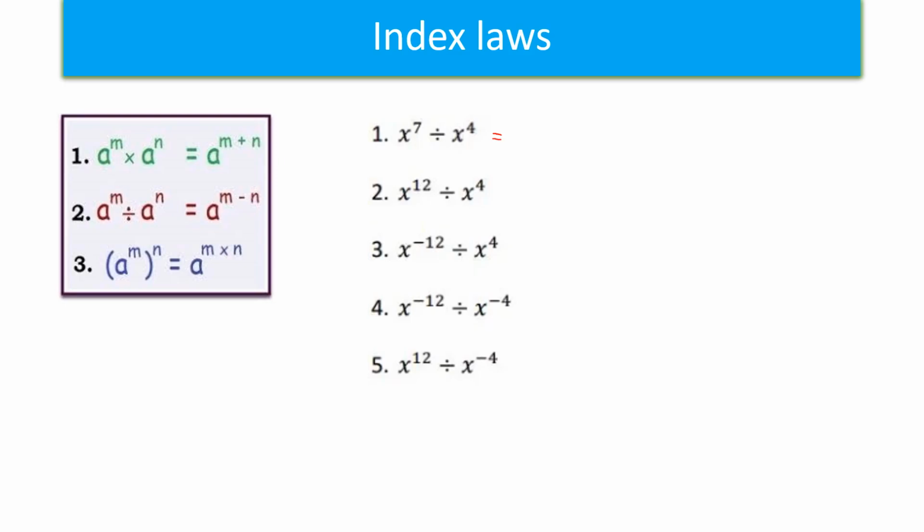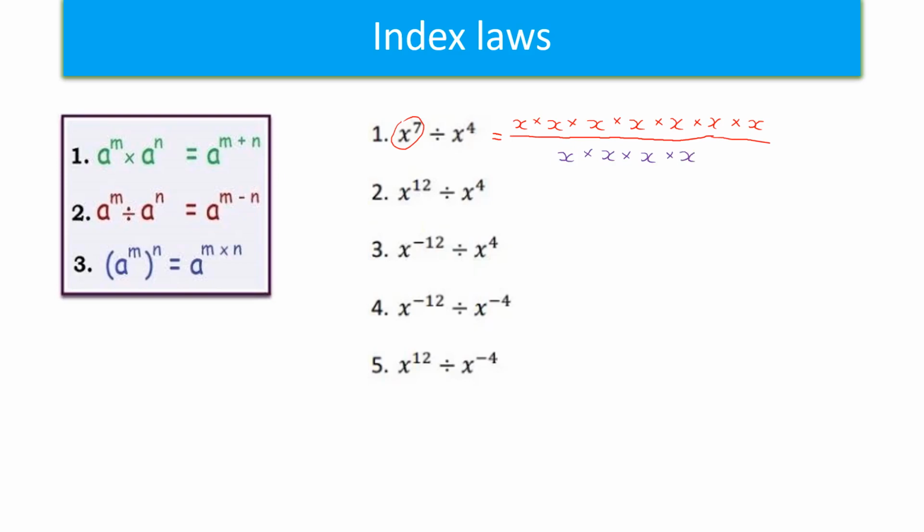I'm going to write it out as a fraction, so that it's easier to demonstrate. x to the power of 7, that's x times x times x times x times x times x times x, and then we divide it by x to the power of 4, x times x times x times x.